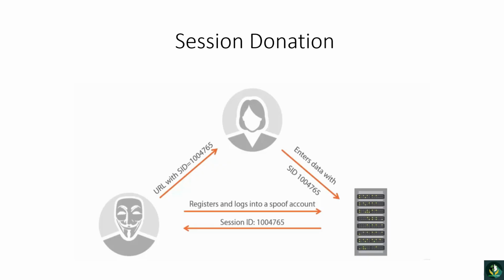The attacker gets back the session ID and then provides it to the victim. In the example we did with session persistence in the URL, we had a URL with the session ID that ended with 765.